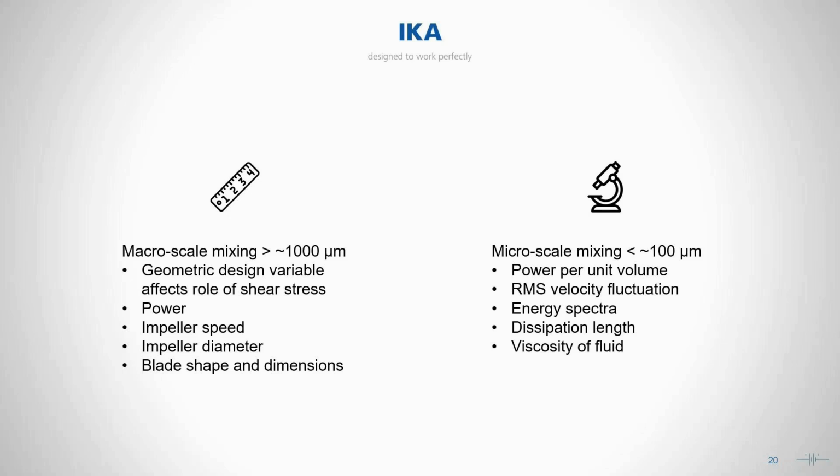However, when we look at the micro scale of mixing, if we're mixing particles at the 100 micron scale or less, the important variables there become your power per unit volume, your root mean square velocity, your energy spectrum, your dissipation length, and your viscosity of your fluid. So depending on which type of mixing you're trying to optimize, you would look at these variables for that.